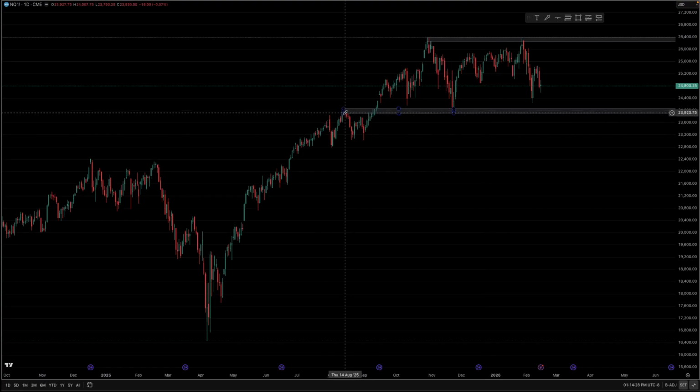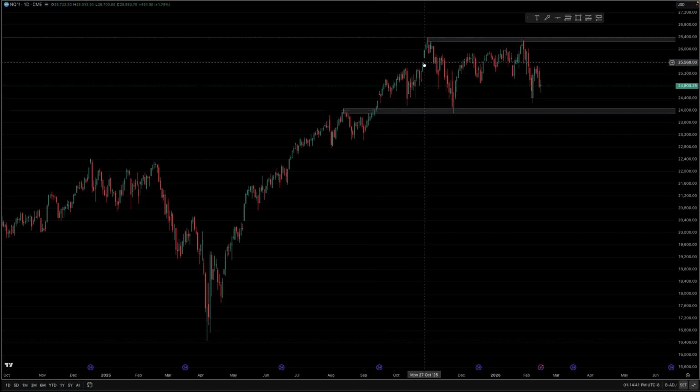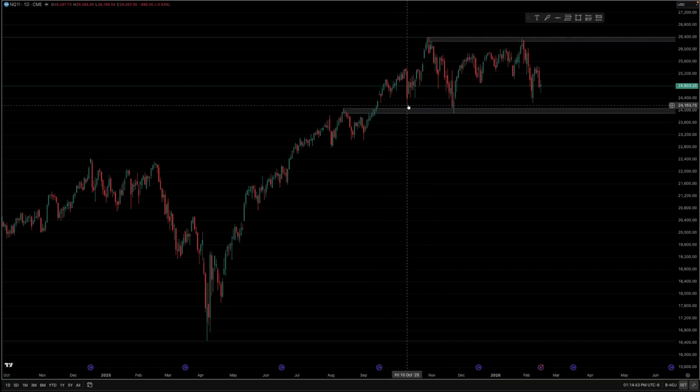And when markets break structure, all-time highs in this case, on Wednesday, August 13th, we made an all-time high, and we broke those all-time highs on Friday, September 12th of 2025. We saw upside continuation here, higher lows, higher highs, but then we made a lower low below that Friday, October 10th, 2025 low.